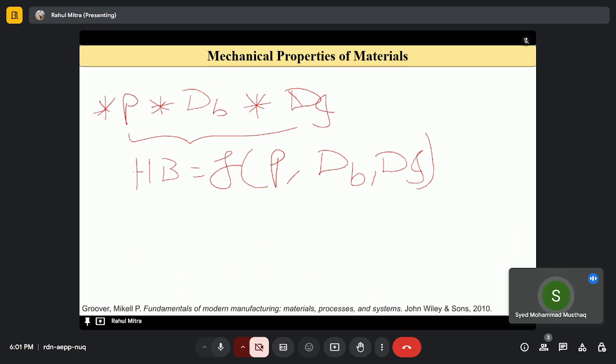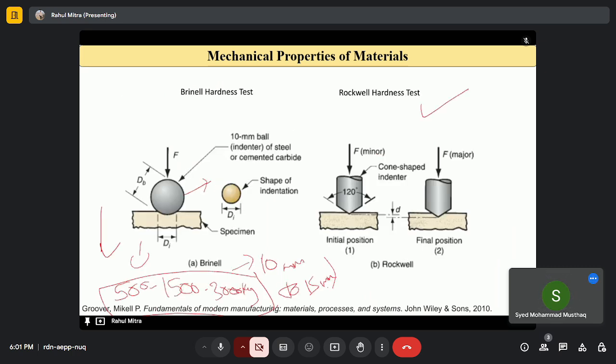Coming to the Rockwell hardness test, this is another widely used test, again named after a scientist. In this test, a cone-shaped indenter or a small diameter ball of 1.5 to 3 mm is pressed onto the specimen, using first a minor load of 10 kgs, thus seating the indenter in the material.